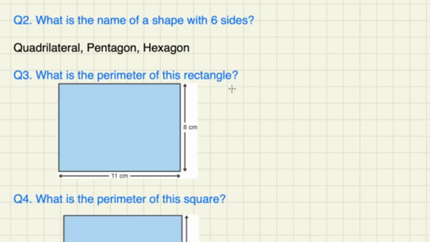Okay, so the perimeter, if you remember, is walking around the edge of something. So it's a line bordering a shape. So with this rectangle, the perimeter would be 8 centimetres plus 11 centimetres.